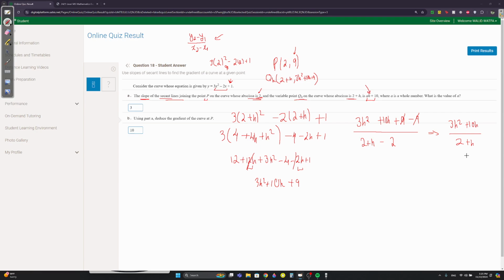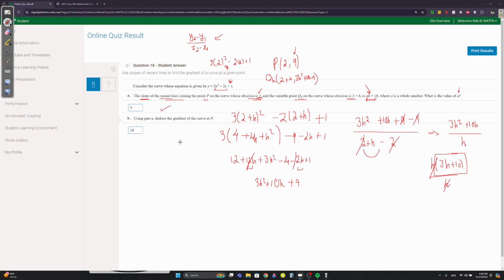Did I do something wrong? Yes, I did. 2 minus 2 cancels, so you get over h. You can factor out h, getting 3h plus 10 over h. Cancel, and the slope is 3h plus 10. They told us the slope is ah plus 10. What is a? It's 3.